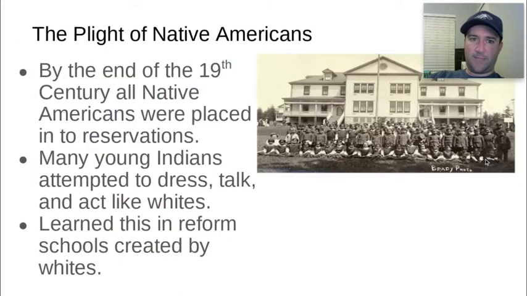Now, by the end of the 19th century, pretty much not all Native Americans have been put into reservations. And in many of these reservations, there were schools that were built for kids to attend. And basically they attempted to dress them like whites, learn the language of whites and so forth, to try to reform them to make them more like us.